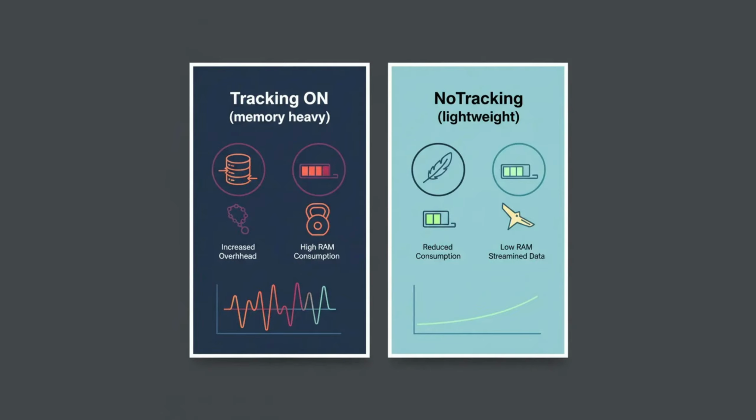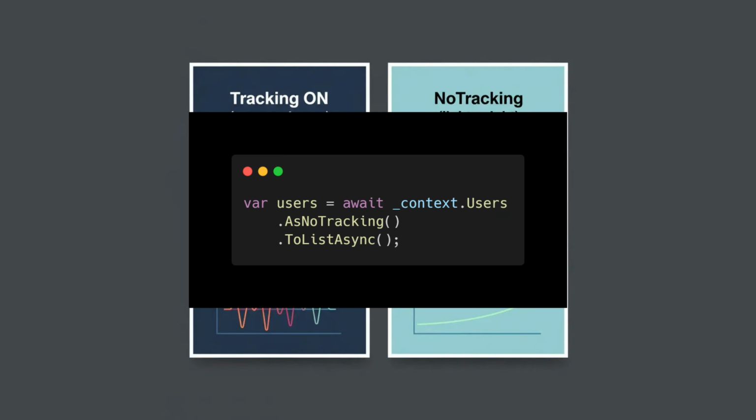So for APIs that mostly read data, tracking can become a silent performance tax. Pro tips: use AsNoTracking for read endpoints, like you see in this example. Even better, if you need identity resolution but no updates, use AsNoTracking with identity resolution.